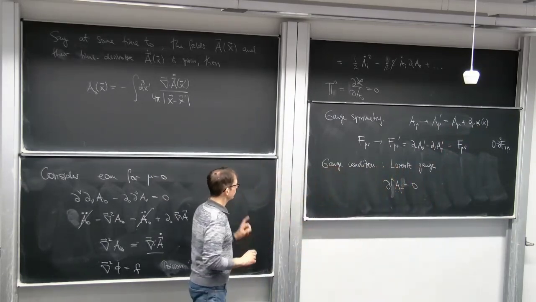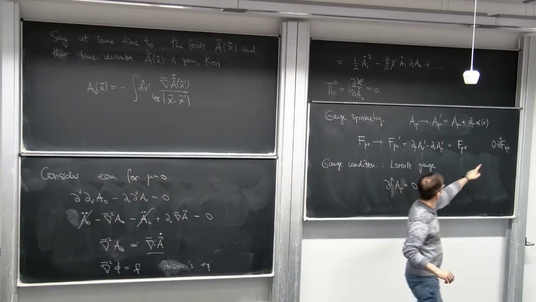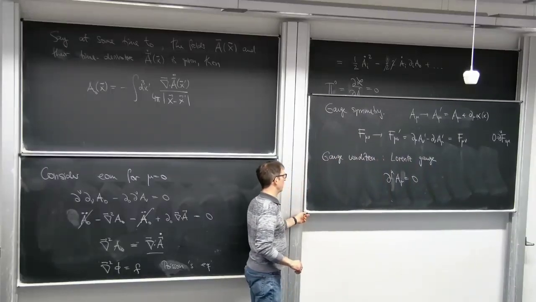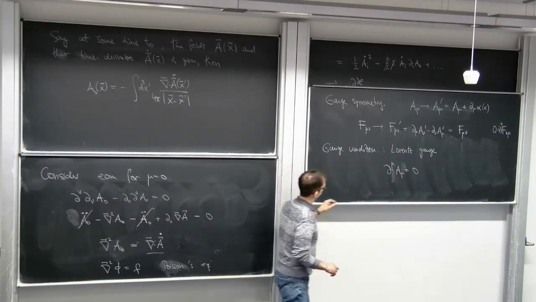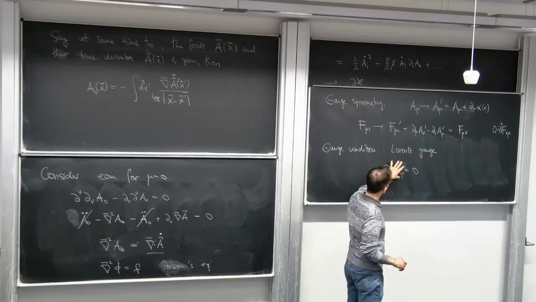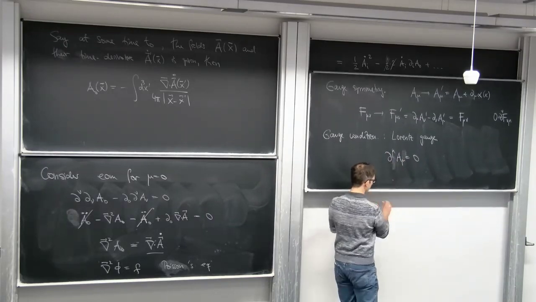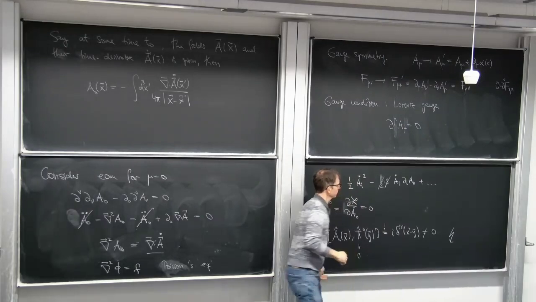Okay. So now we have the equation of motion there and this condition. And now I think I want to change the theory by adding something proportional to this constraint, which is 0 somehow.